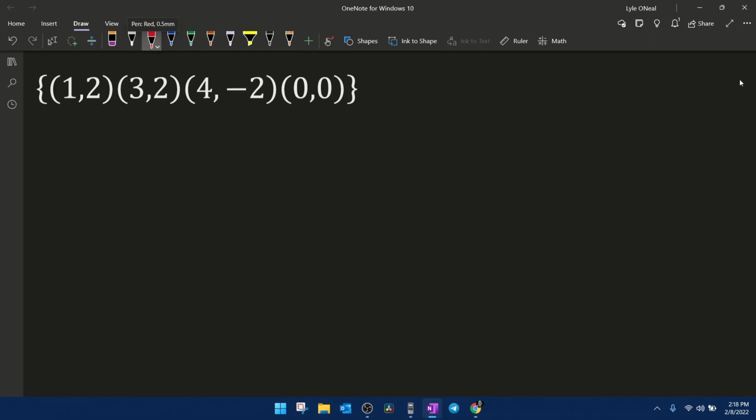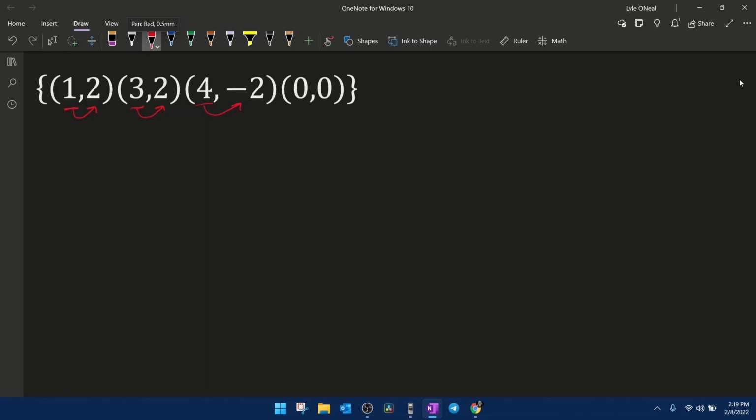So what we need to do is see if each element of the domain corresponds to only one element in the range. So here we have 1 mapping to 2. Notice that 1 does not appear in any other x-coordinate, so 1 only goes to 2. 3 also maps to 2, but since 3 does not appear as an x-coordinate anywhere else, that says 3 only maps to 2. 4 maps to negative 2.